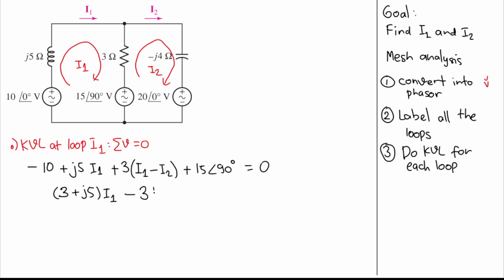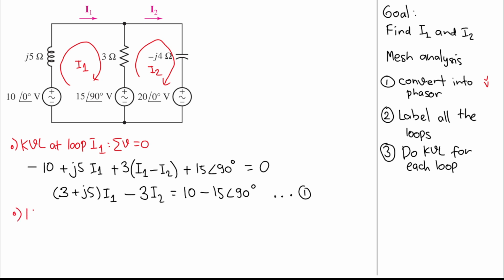And that will equal, and let's move this 10 to the right hand side, so I will have 10 minus 15 angle 90 degrees. I think that is all that we can do for loop I1, so let's have this as equation number 1. Good. Now let's move on to loop I2.